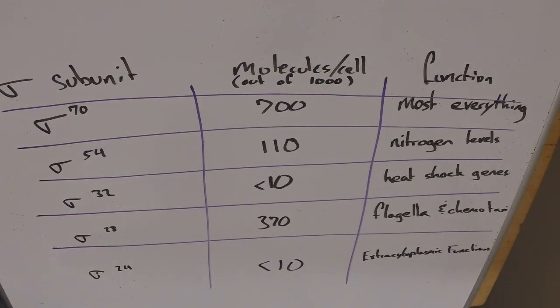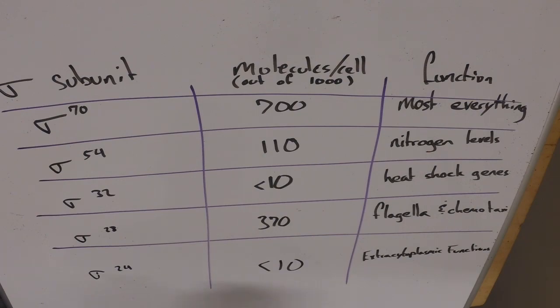So next, let's talk about sigma subunits a little bit. In E. coli, there are 7 different sigma subunits that are used. Here we have 5. The other 2 occur in very low concentrations or ratios of molecules per cell. So on the left here, we have the different subunits.